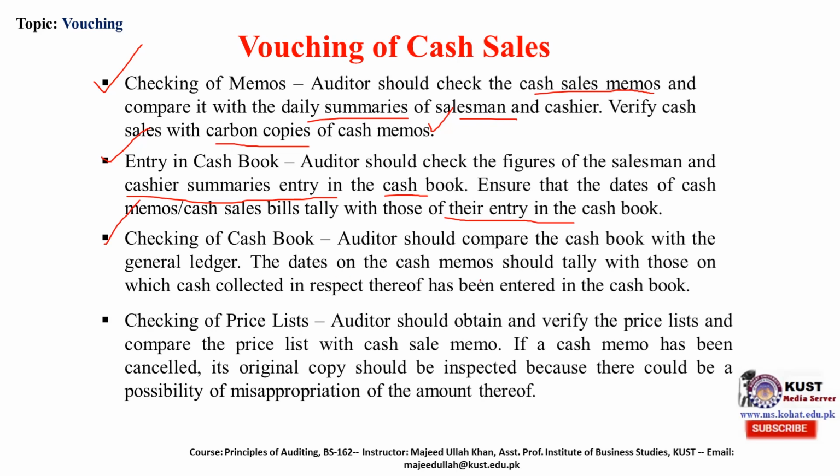Checking of cash book. Auditor should compare the cash book with the general ledger as well. The dates on the cash memos should tally with those on which cash collected in respect of them has been entered in the cash book and further in the ledgers.